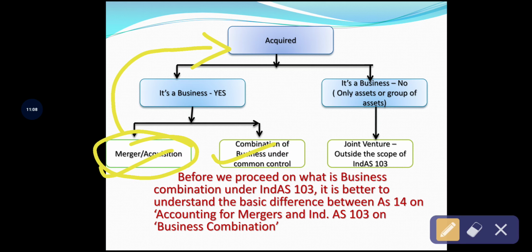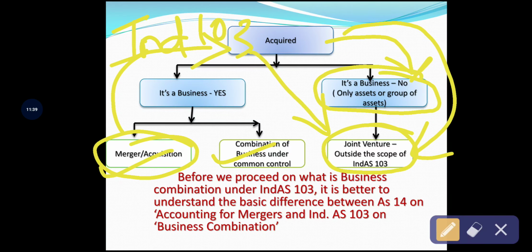If the company purchases assets and liabilities from another party that is not engaged in business, then it purchases only a group of assets not related to business, and that is a joint venture. Therefore, Indian Accounting Standard 103 is not applicable to joint ventures, and it is applicable to mergers or acquisitions and combinations of businesses under common control.